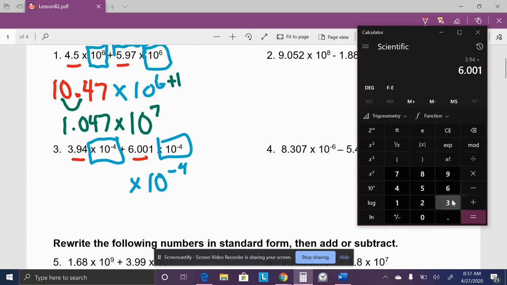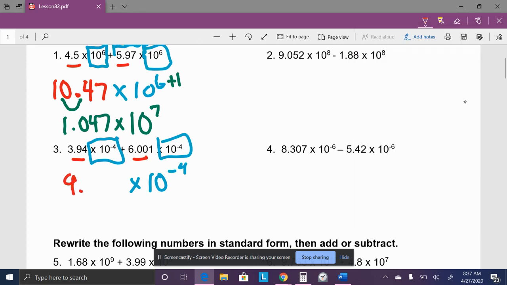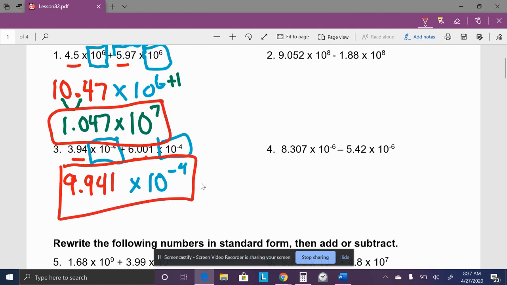Add those together, you get 9.941. Now, this number is in scientific notation. There's only one non-zero digit before the decimal, so we would just leave it as is, and that's my final answer. Those are beautiful final answers with one digit before the decimal.